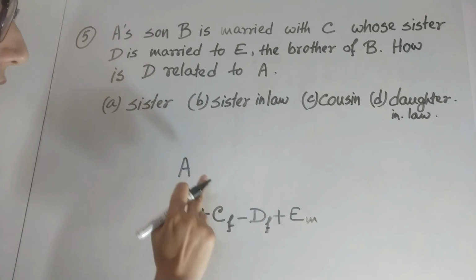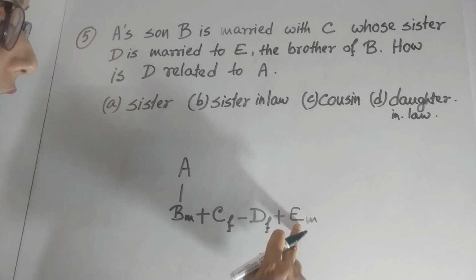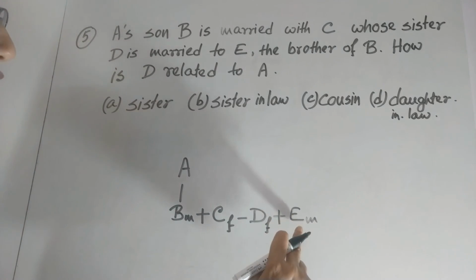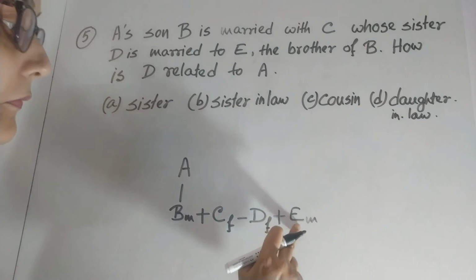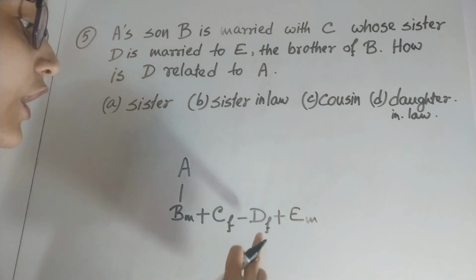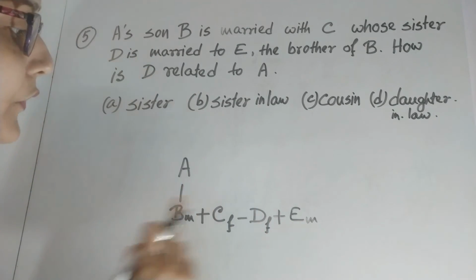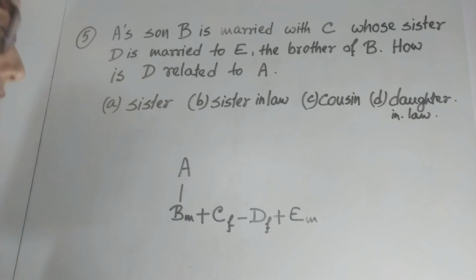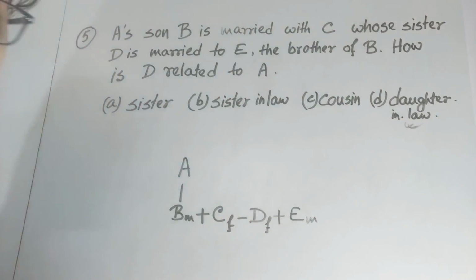How is D related to A? As E is the brother of B, E is the son of A and E's wife, that is D, will definitely be the daughter-in-law of A. So here daughter-in-law will be the answer.